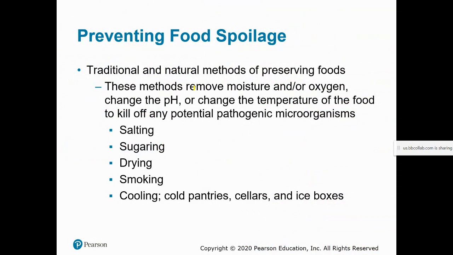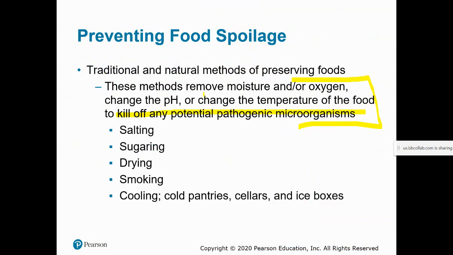So a little bit about other things that can be done. Here we're going to talk about food preservation techniques. Food preservation is done as a means of trying to change the environment of the food so that the pathogenic organisms cannot survive.